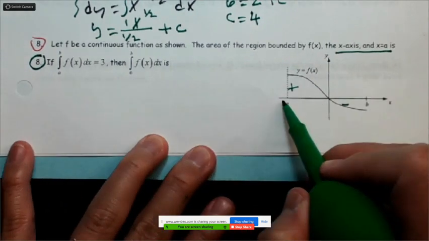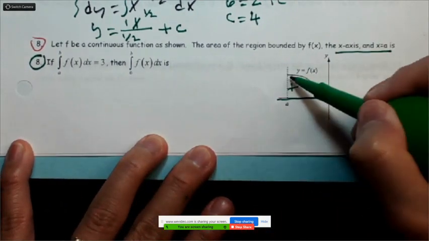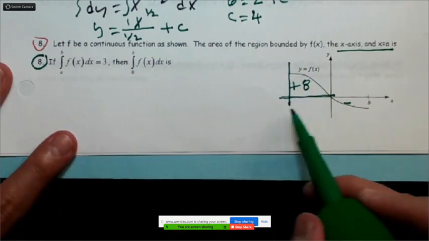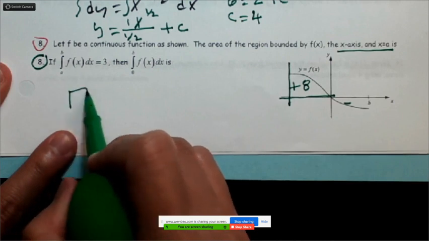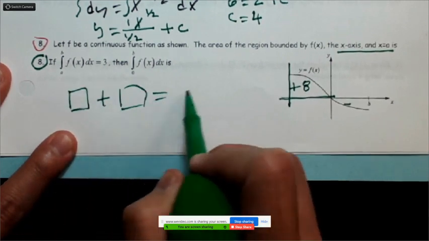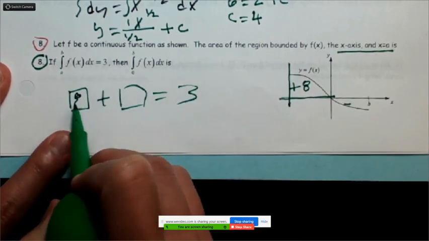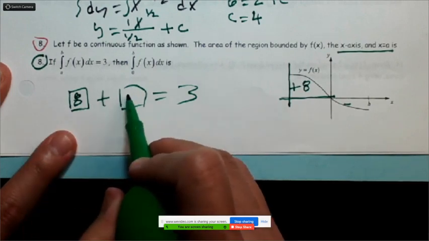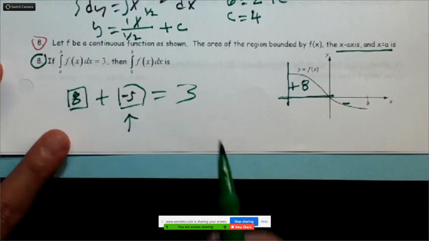So to the x-axis, and x equals a, this guy is 8. And we know going from left to right, we have something plus something is equal to 3. The first something is 8. What does that second piece have to be? -5, done.